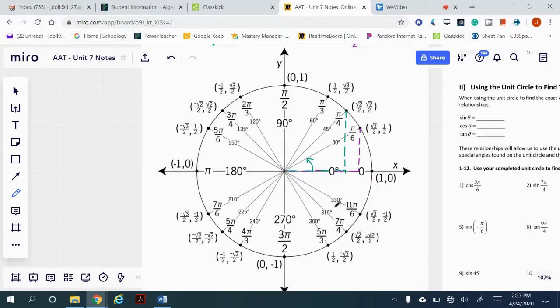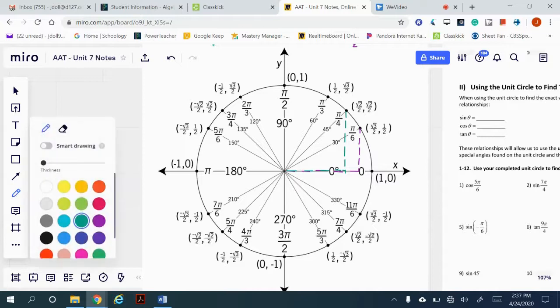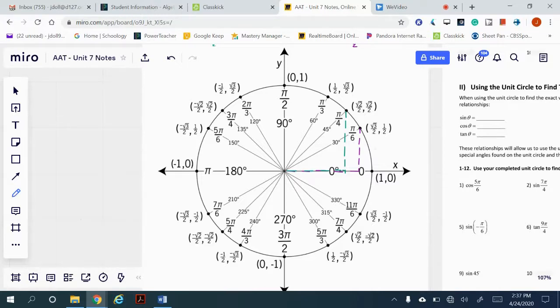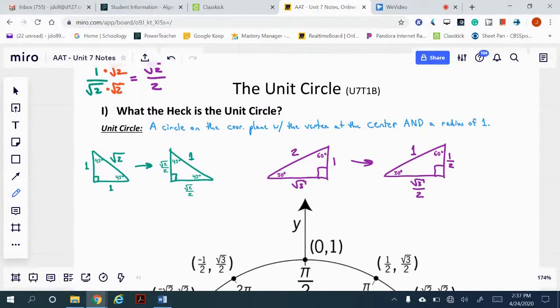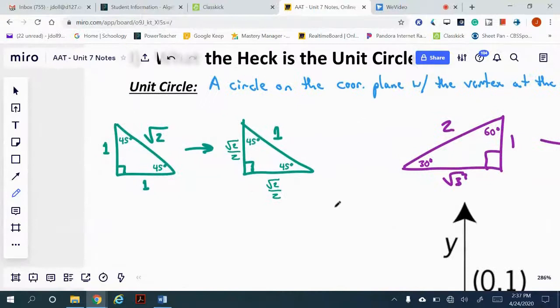Now, the one thing I will explain, guys, is where those ordered pairs come from and why do we care about 30, 45, and 60 and so forth in every other angle? Well, both of those questions go back to the special right triangles you learned about in geometry. You learned about 2 special right triangles, a 45-45-90 and a 30-60-90 right triangle.